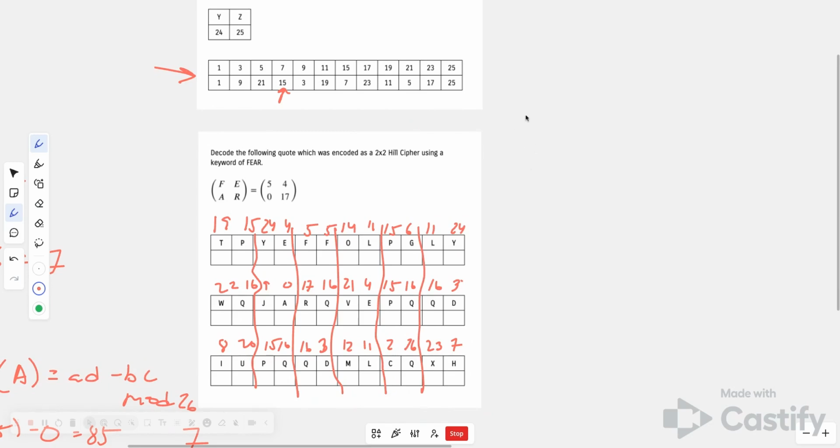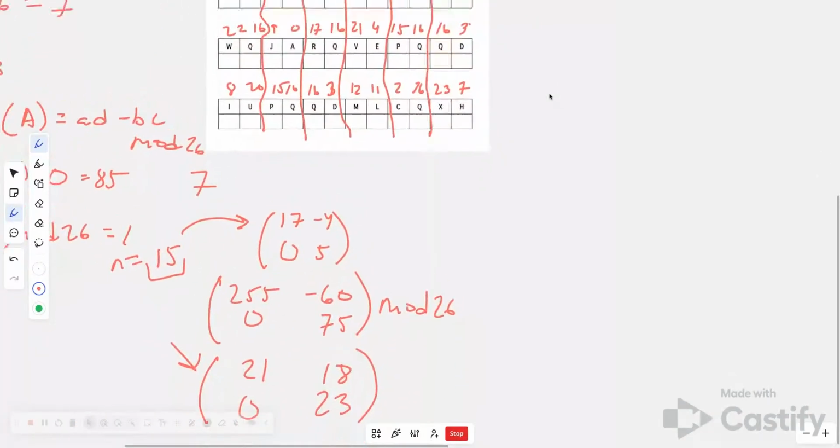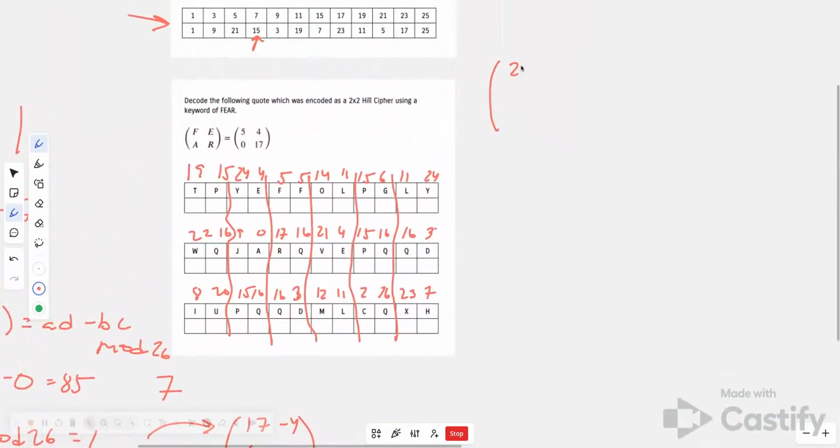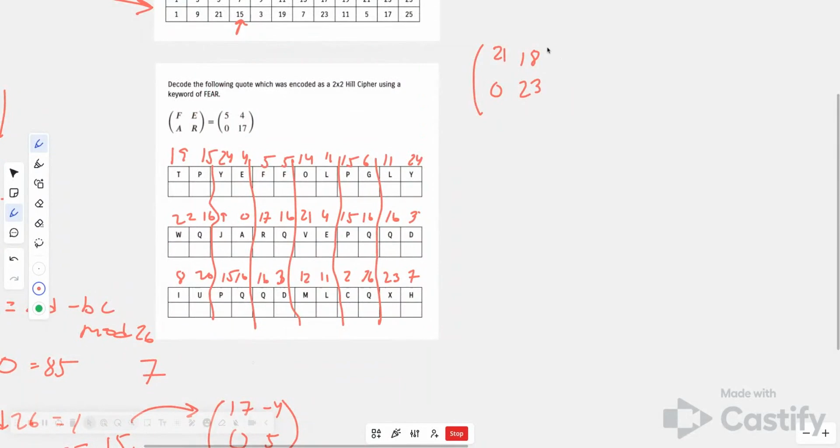So we're going to take our inverse matrix, 21, 18, 0, and 23. And we're going to take our first pair of numbers in this case, 19 and 15. And then we're going to multiply it like this.